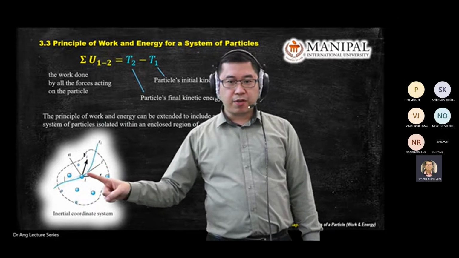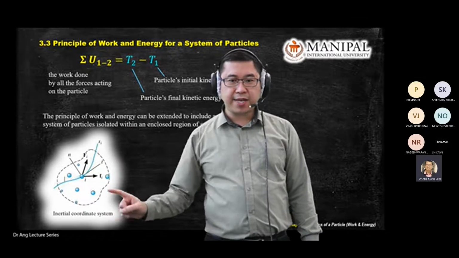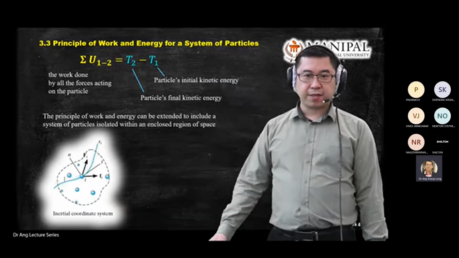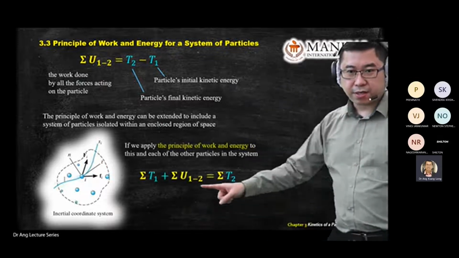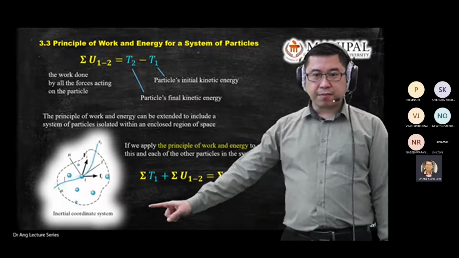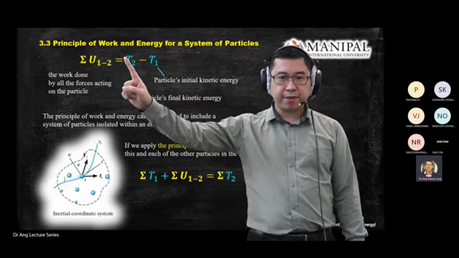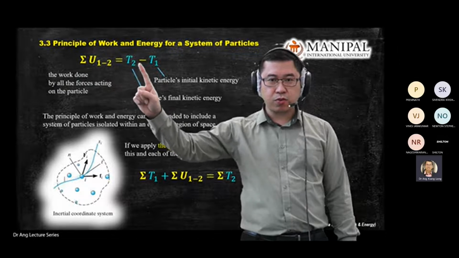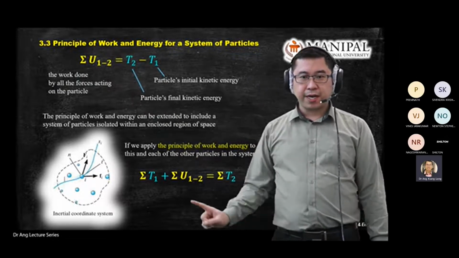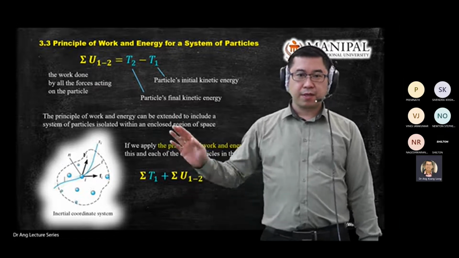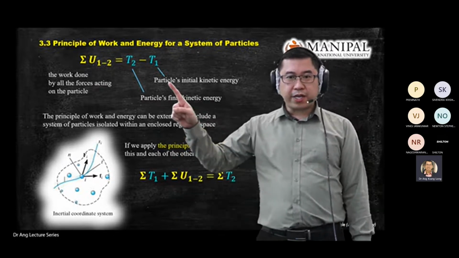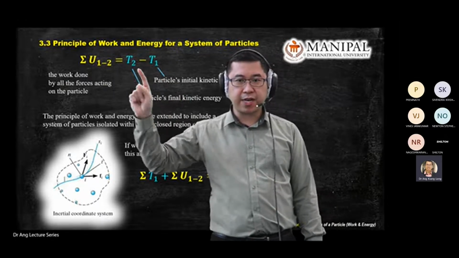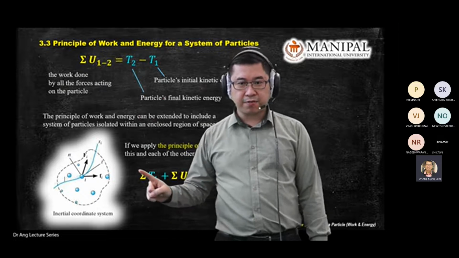You can calculate the sum of work done by the liquid by using this equation, where you add the summation symbol in front of the T2 and T1, and you rearrange, where you move the minus T2 from the right hand side to the left hand side, and you get a positive sign. That's why there's a positive sign here.